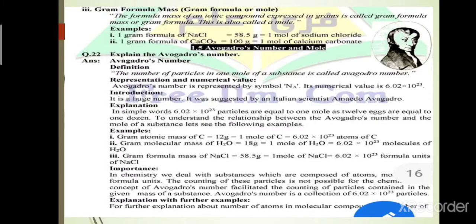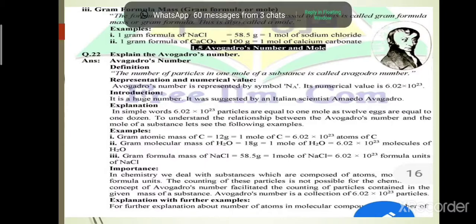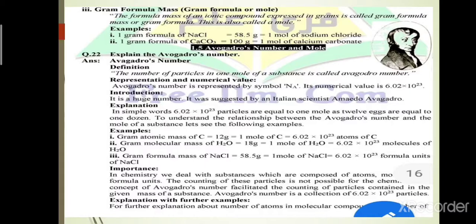If we say 1 mole of water molecules, or 1 mole of hydrogen, or 1 mole of an ionic compound, with formula mass or molecular mass. For example, if we say 1 mole of water, it means it contains 6.02 × 10^23 small molecules of water, which combine to form 1 mole of water.